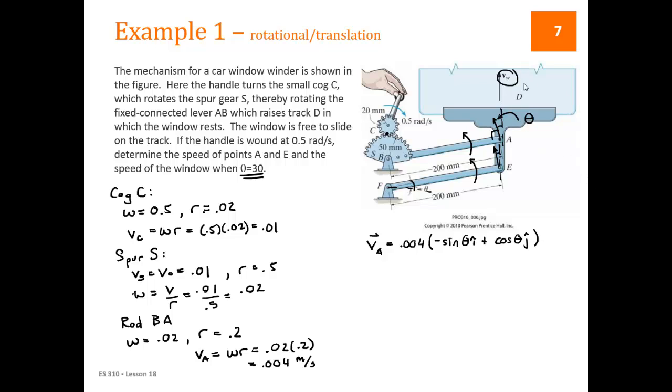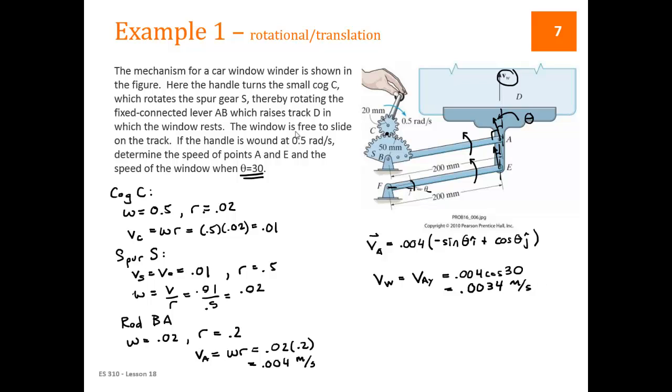The window moves in the y direction solely, because it's constrained on the side, so it doesn't move side to side. So the velocity of the window is going to equal the y part of VA, which is equal to 0.004 cosine of 30, which equals 0.0034 meters per second.